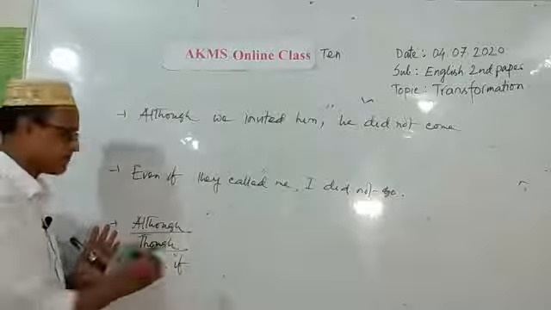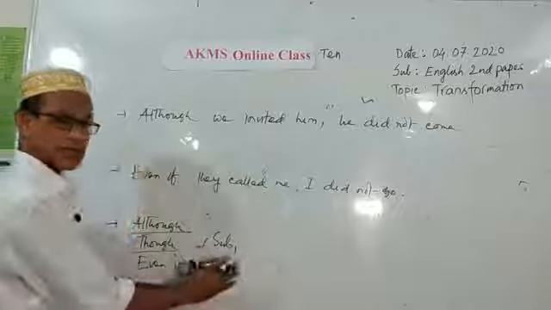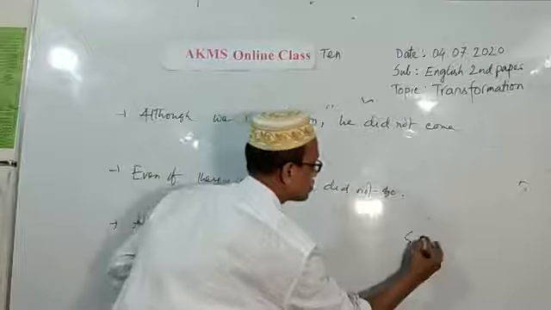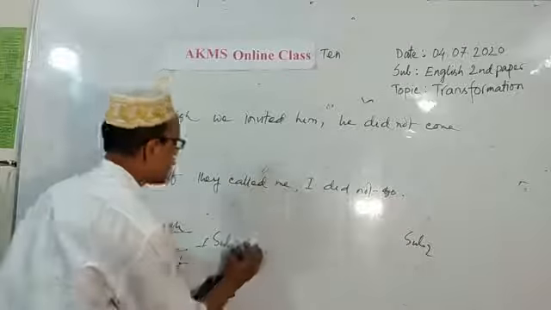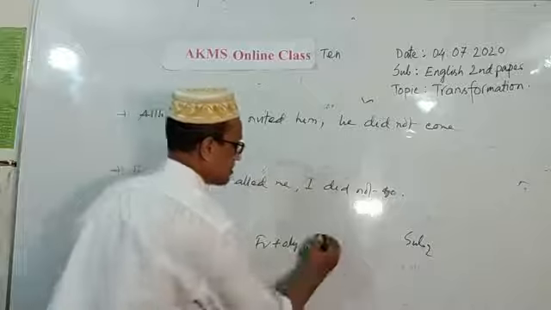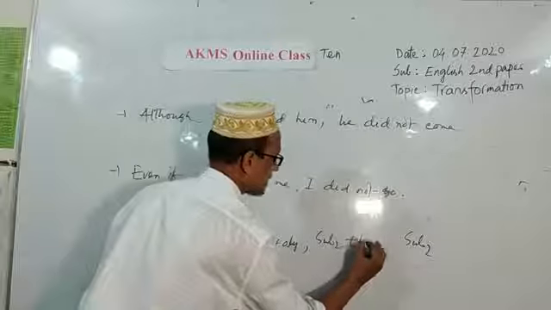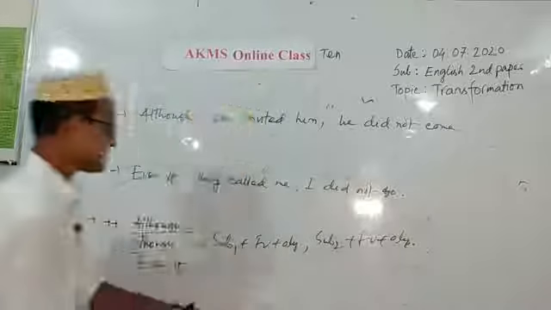But here I have used subject 1 for the subordinate clause, subject 2 for the principal clause. Subject 1, finite verb and object. Subject 2, finite verb and object. Subjects are not same.